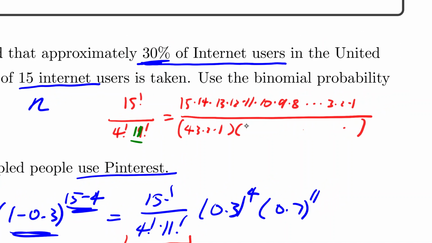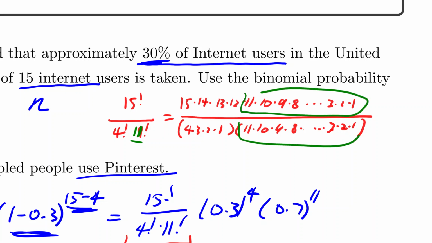It will be 11 times 10 times 9 times 8, all the way to 3 times 2 times 1. So then we know that this portion right here, 11 times all the way to 1, 11 times all the way to 1, cancels out. So the only thing we have left for this portion is 15 times 14 times 13 times 12 over 4 times 3 times 2 times 1.